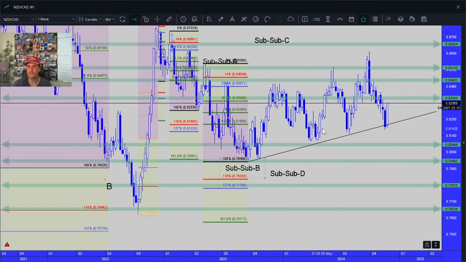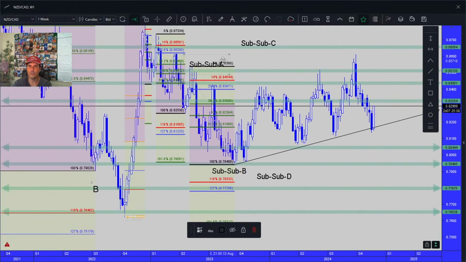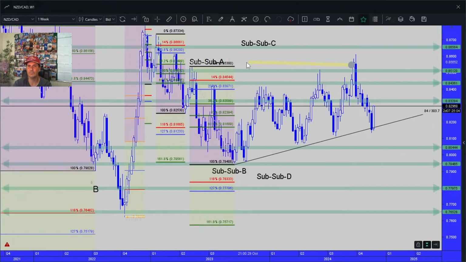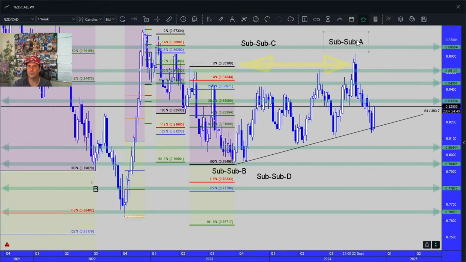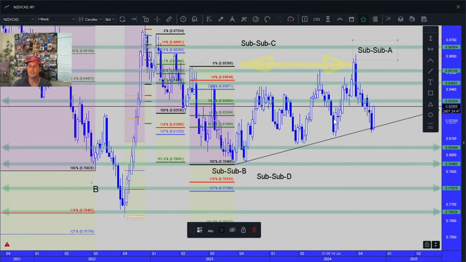And whoa, the market broke, everybody. Can you see the market broke this sub-sub A? Look in here. It's a great example. The market broke this sub-sub A. When this happens, we are going to redo.